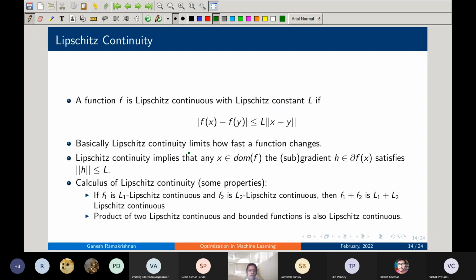So the product of two Lipschitz continuous and bounded functions is also Lipschitz continuous; please try and prove it. Any questions so far?